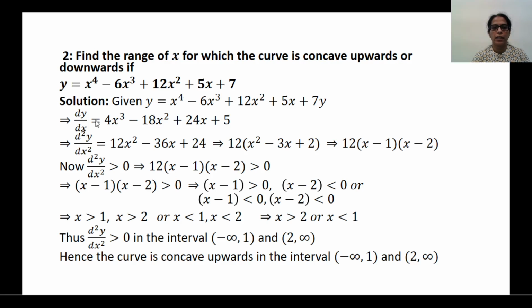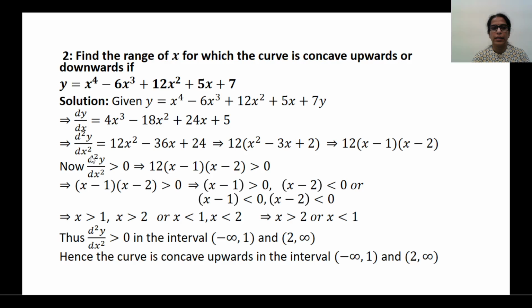The first derivative is 4x cube minus 18x square plus 24x plus 5. Again differentiating, you will get 12x square minus 36x plus 24. Now take 12 common, and you have the quadratic x square minus 3x plus 2. The factors of this are x minus 1 and x minus 2.